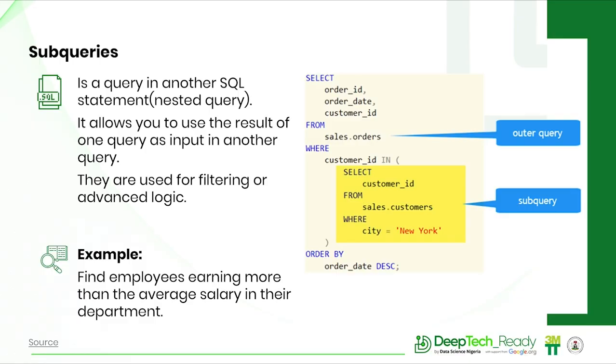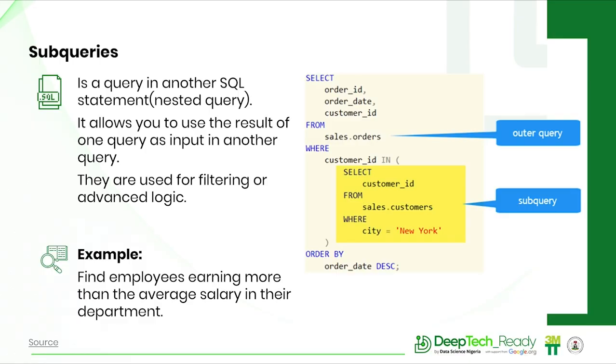Now, this is our outer query, and then we want to give it a condition where the customer ID is in the customer IDs we retrieve from our customers table where the city is New York. So this forms our subquery, and then we are ordering them by the order date in descending order. So this is how we can play around with our subqueries.